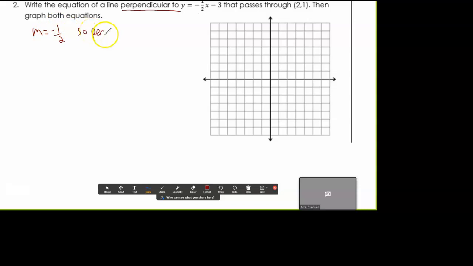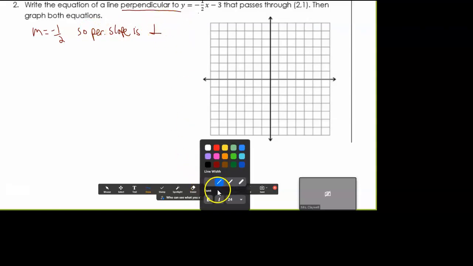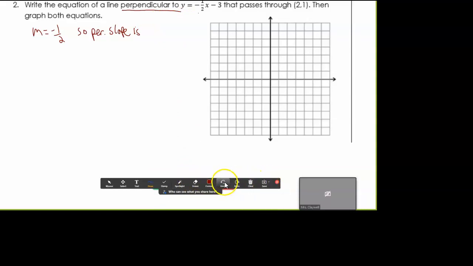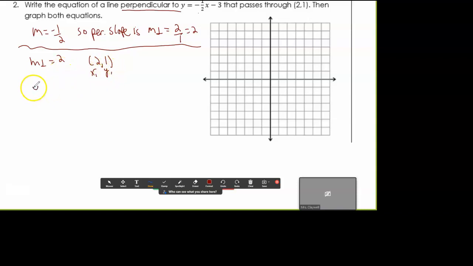So perpendicular is 2 over 1, or just 2. So my perpendicular slope is 2. My point is 2, 1, x comma y, or x1, y1. So now I can use my y minus y1 equals m times x minus x1.